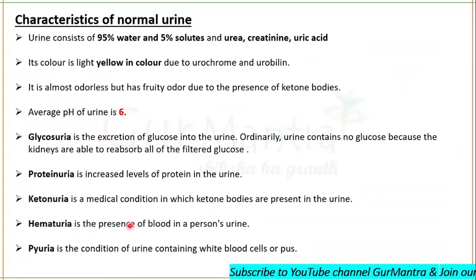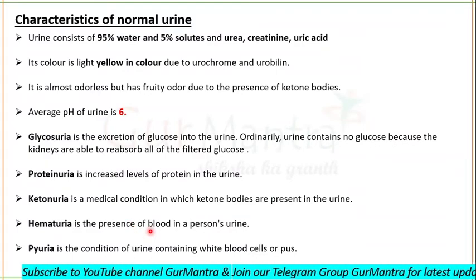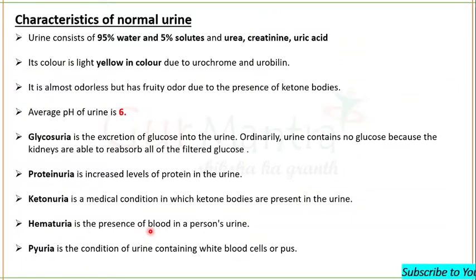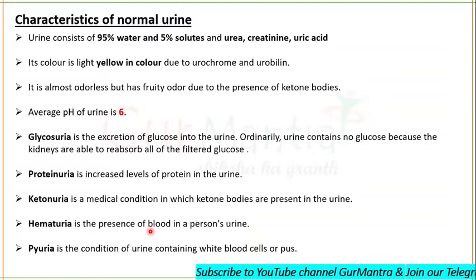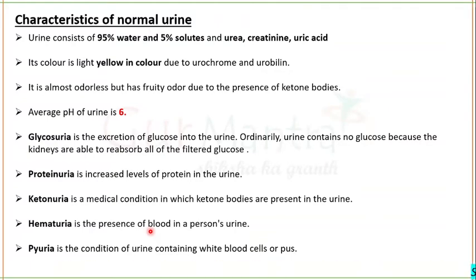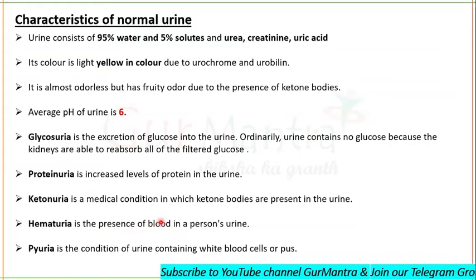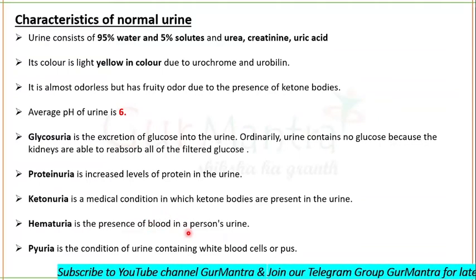Then comes hematuria. In hematuria, you will see the presence of blood, or erythrocytes, in the person's urine, because RBCs are red in color as they contain hemoglobin. So in hematuria, you will see red blood cells in the person's urine.